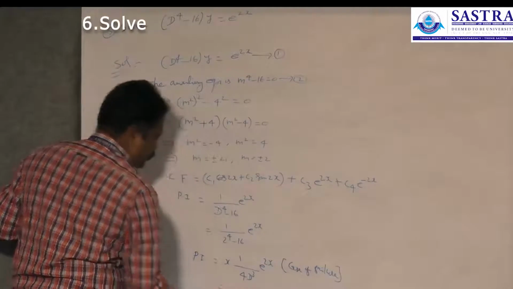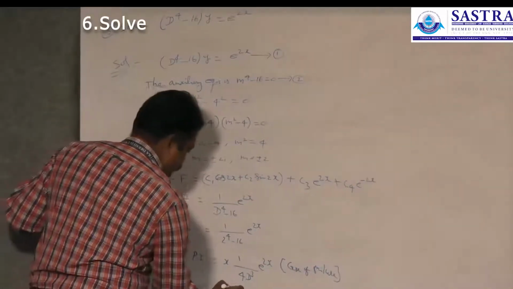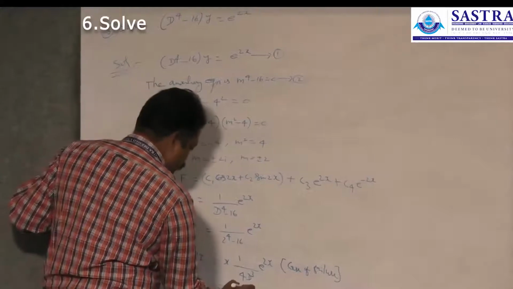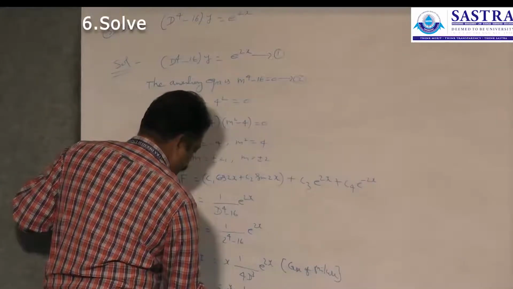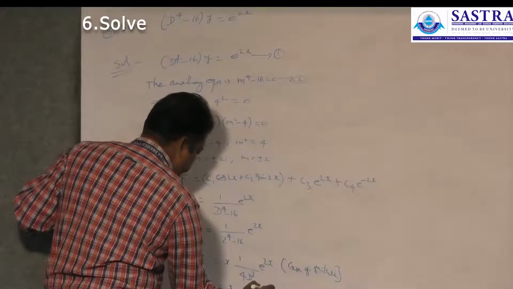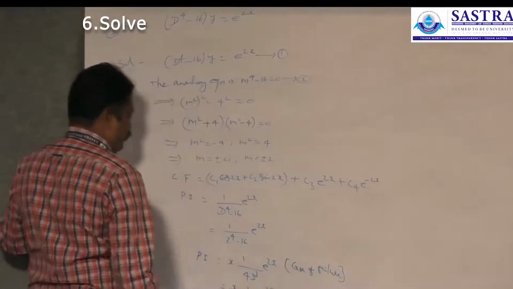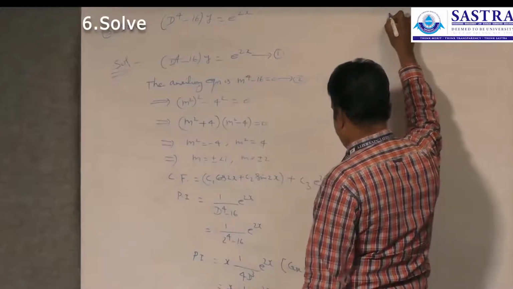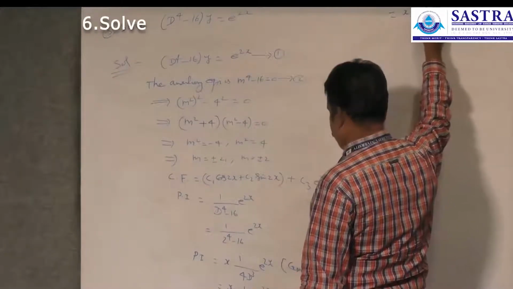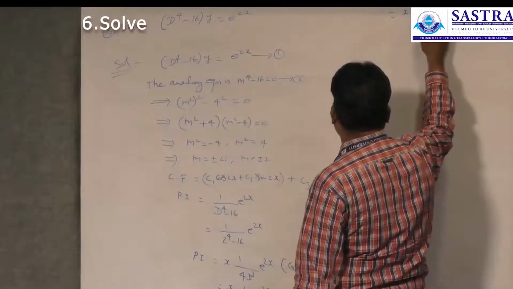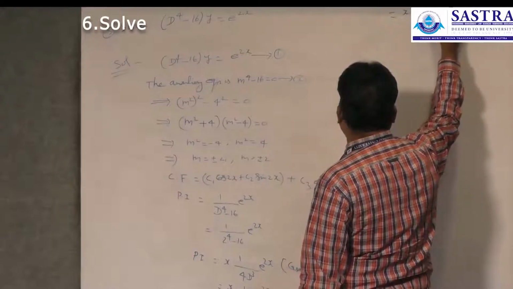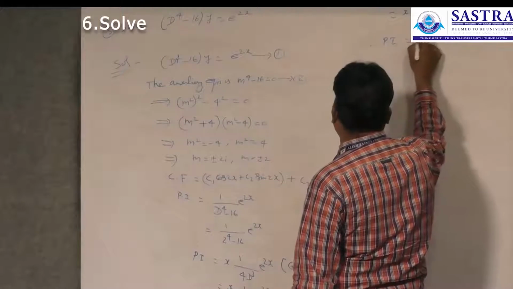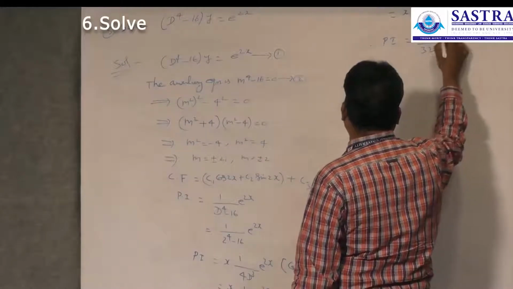This is equal to x. If you replace D by 2, you'll be getting 1 divided by 4 into 2 cube, e power 2x, which is equal to x into 1 divided by 4 times 8, which is 32, e power 2x. Therefore, particular integral is equal to x by 32 e power 2x.